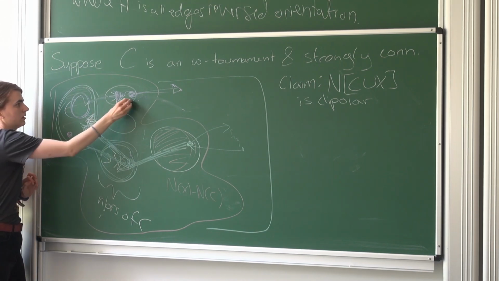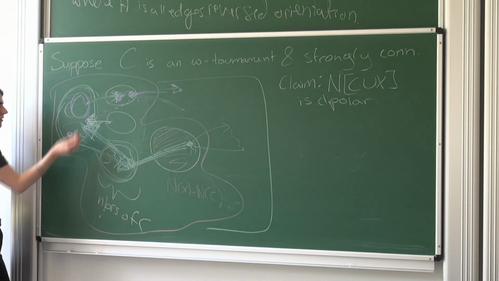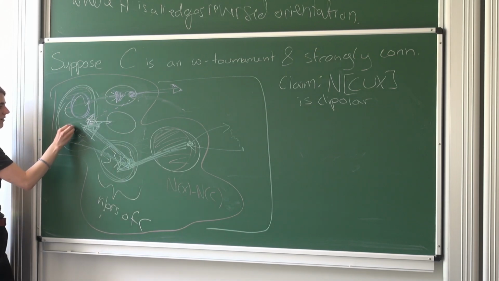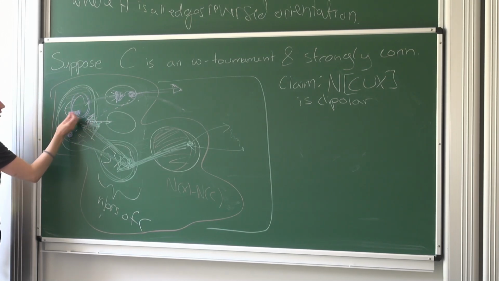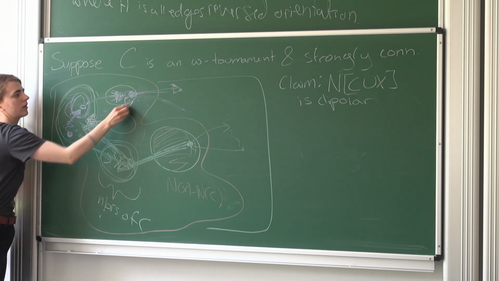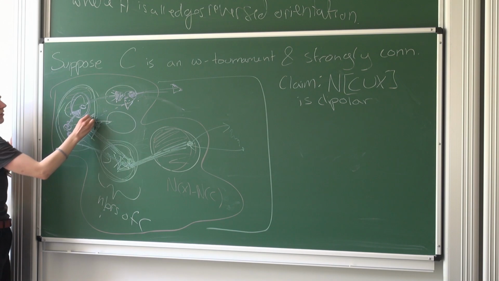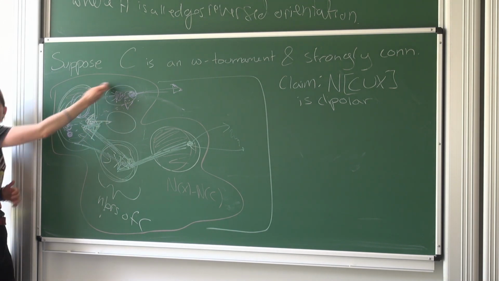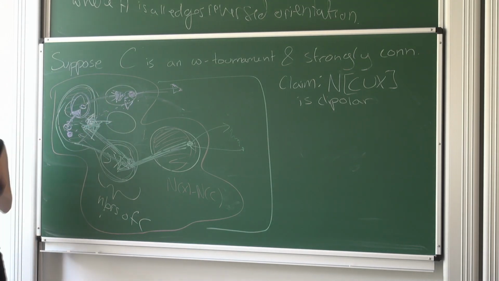But the whole thing is strongly connected, so somehow there has to be a path going from this vertex into the tournament. In particular, there's some edge adjacent to a neighbor of, say, this vertex, call it V, where the other end of the edge is not adjacent to V. And then that's your directed P4. The other case is symmetric, you just do it with edges going in. And so it's dipolar.